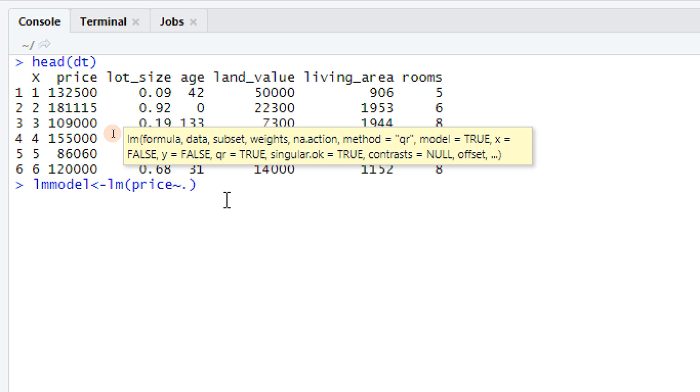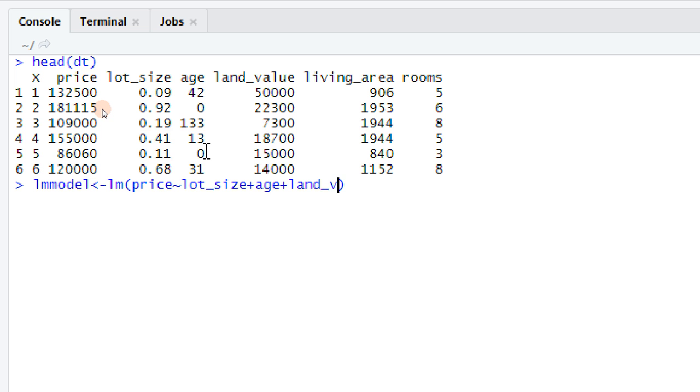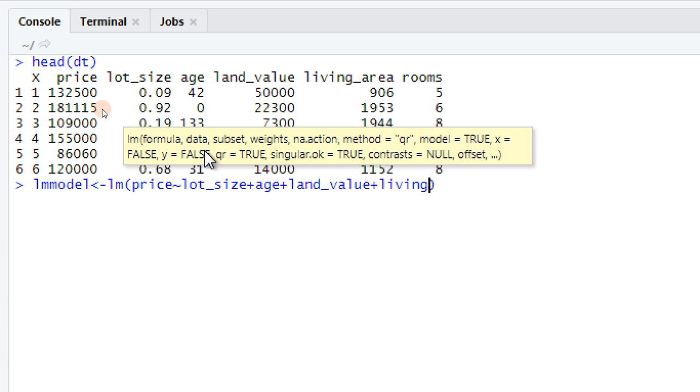Otherwise, if you want to remove any one variable, for example if you think the age of the house is not affecting the price, then you can simply remove it. So I'm adding individual variables: lot size plus age of the house plus land value plus living area plus rooms.